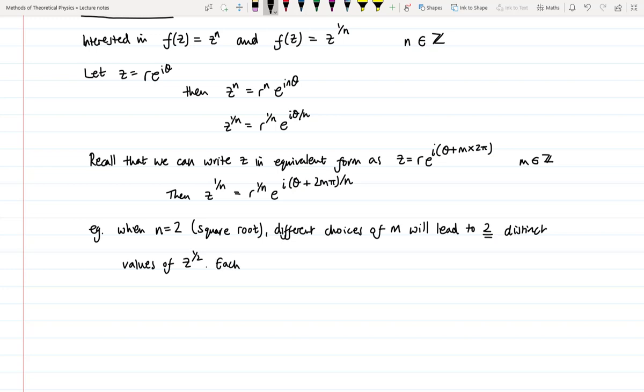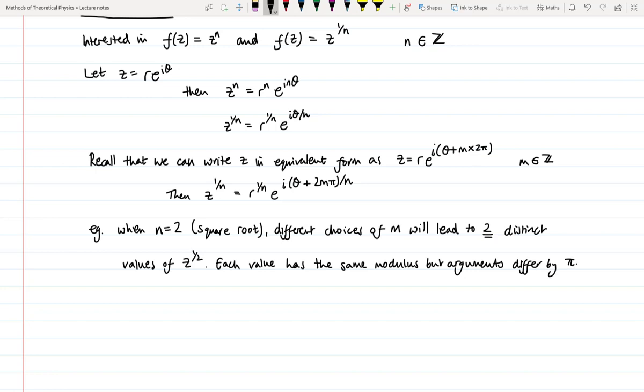Each value has the same modulus, but arguments differ by pi.